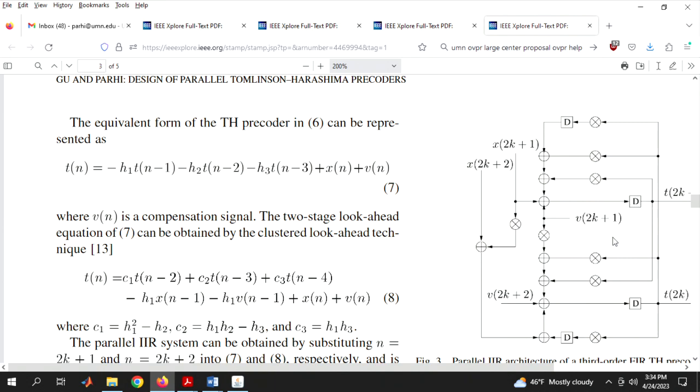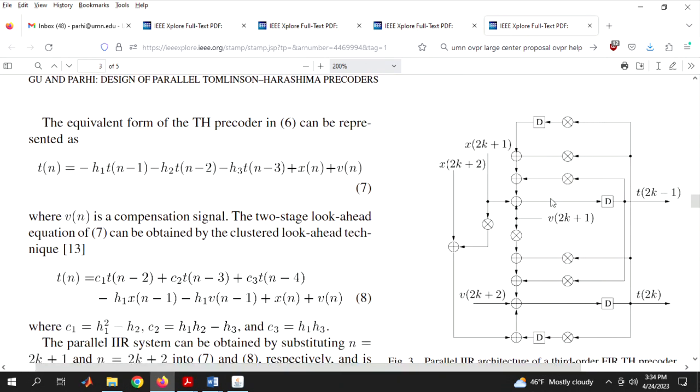So we are computing T of 2k plus 1 and T of 2k plus 2 using the past values T of 2k minus 1 and T of 2k, and these compensation signals are still here, V of 2k plus 1 and V of 2k plus 2. That's not helpful, that's an intermediate step.